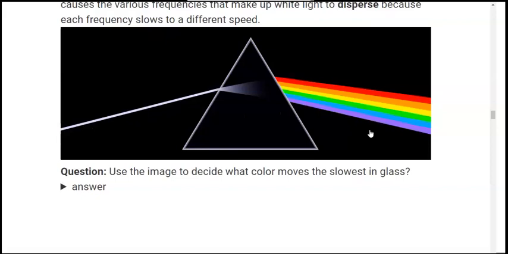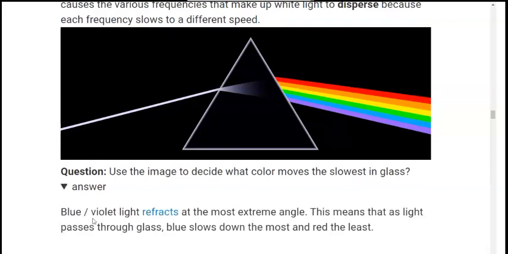It means that red color will travel fastest in the glass and violet color will travel slowest in the glass. So you see here blue or violet color refracts at the most extreme angle.